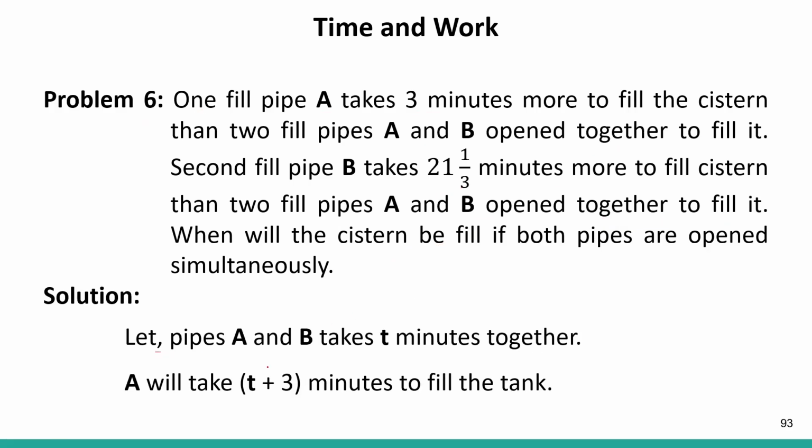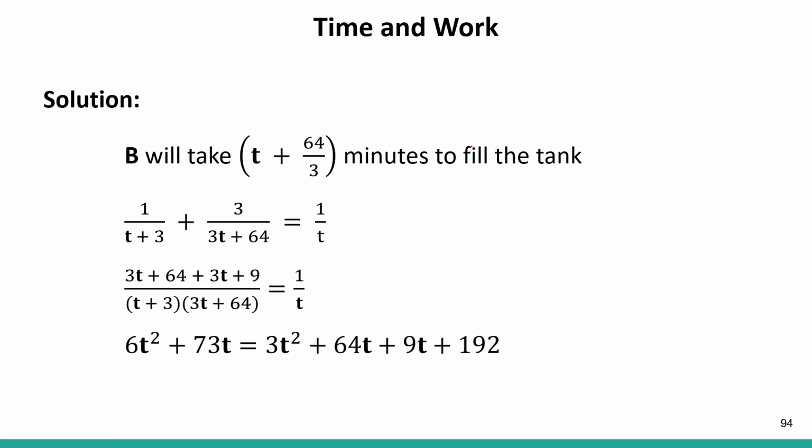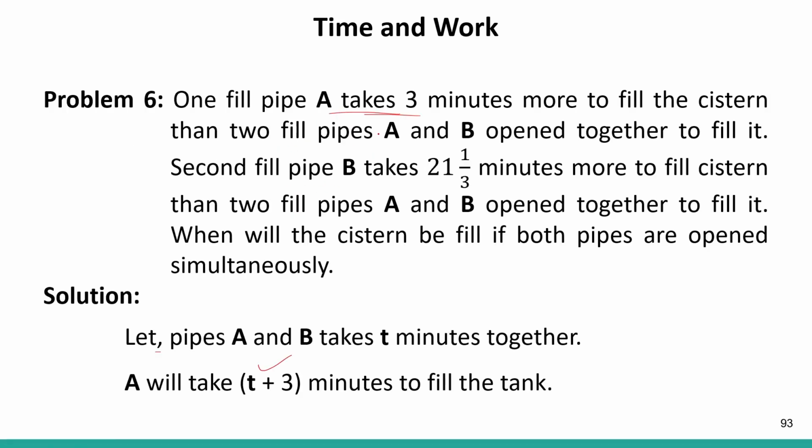So let pipes A and B together take T minutes. Then A will take T plus 3 minutes, because A takes 3 minutes more than A and B open together. So B will take T plus 64/3. You must be wondering where we got this number, 64/3.